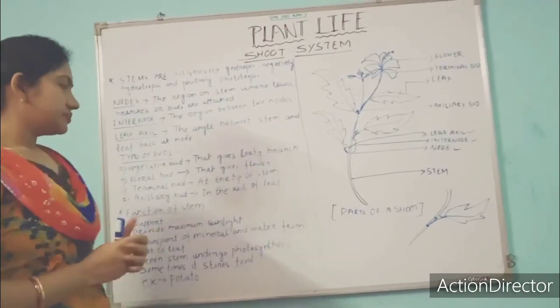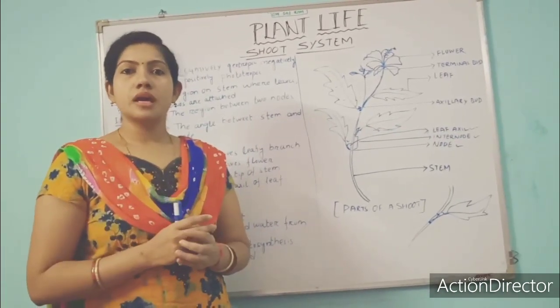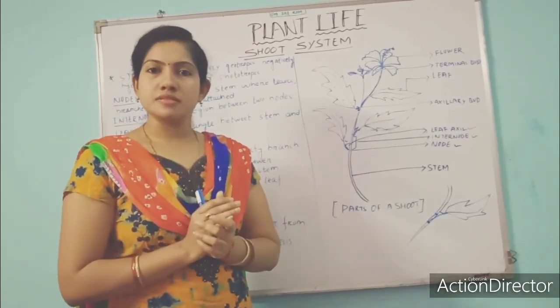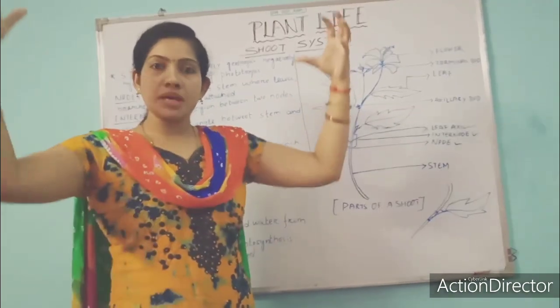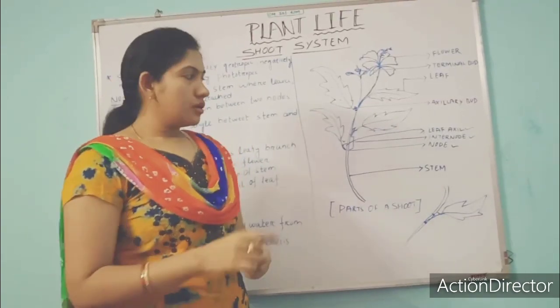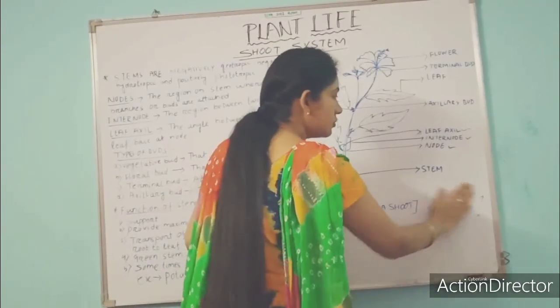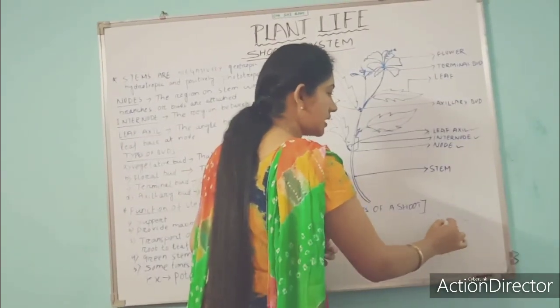Second, it provides maximum sunlight to the leaves. How? It produces branches in such a way that maximum sunlight can pass on to the leaves. One example I am giving you. Suppose you might have seen these kind of plants.